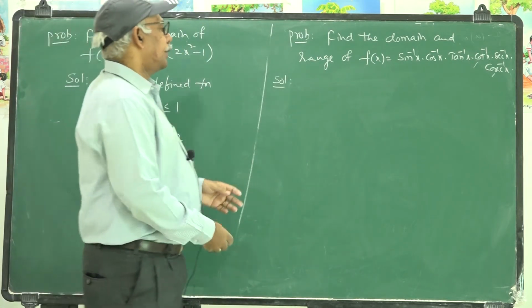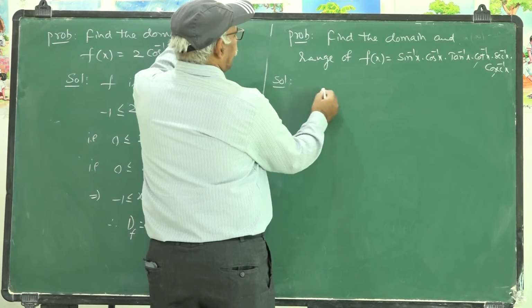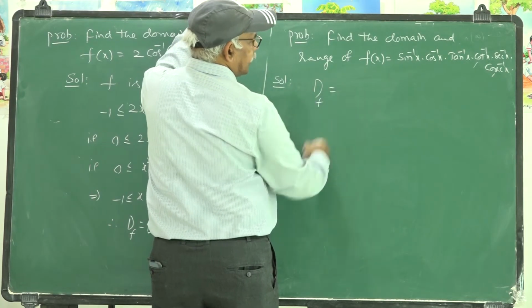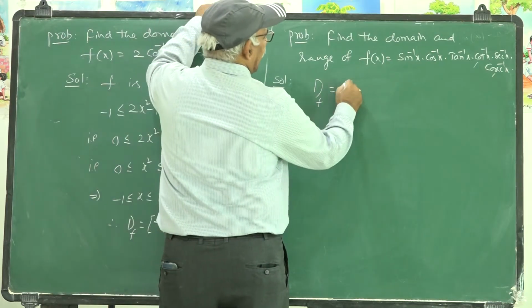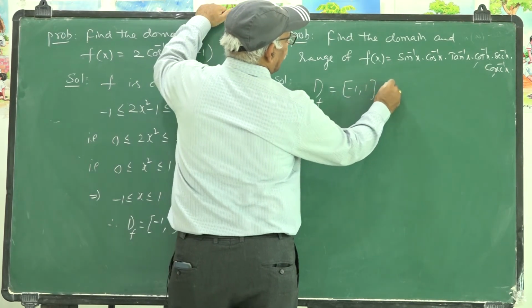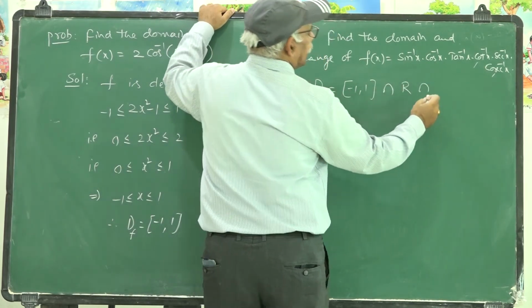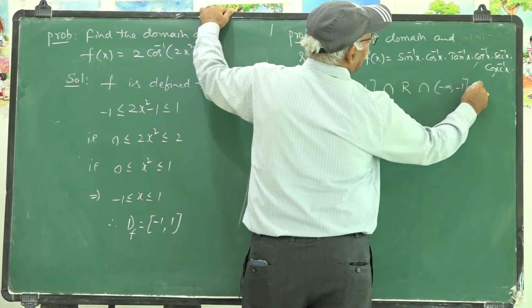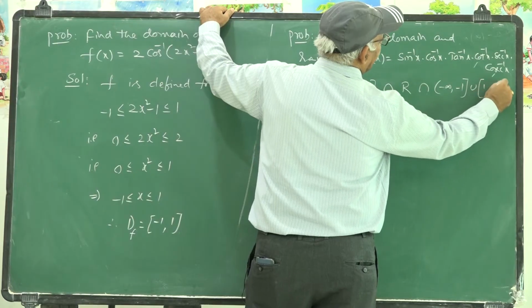So, domain of f is minus 1 comma 1 intersection minus infinity to minus 1, closure at minus 1, union 1 to infinity.